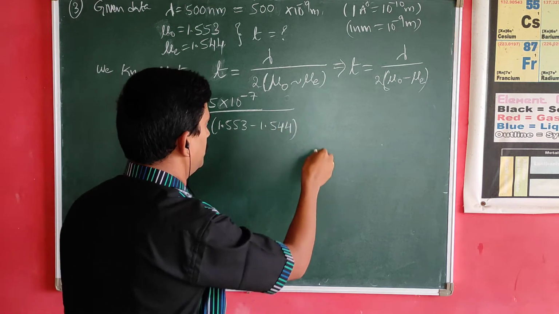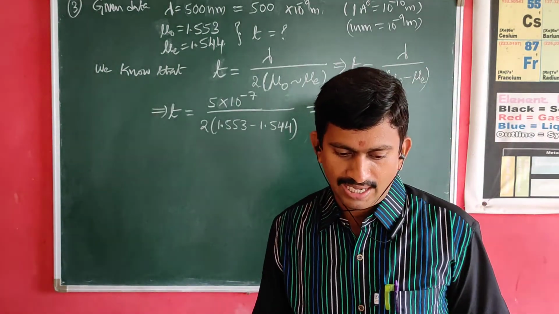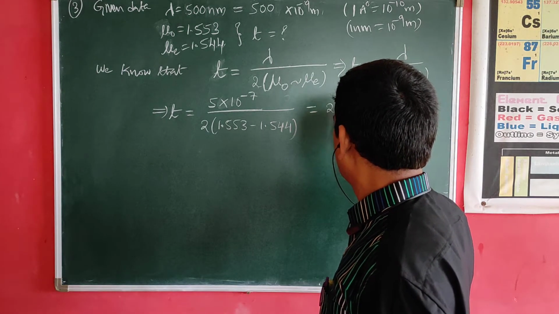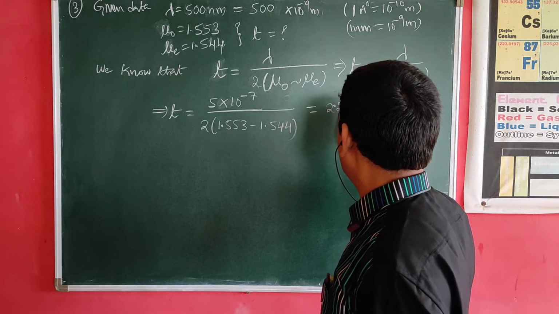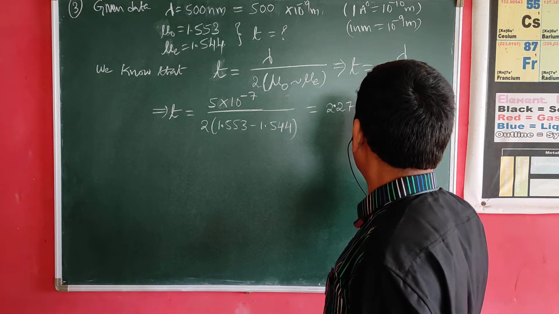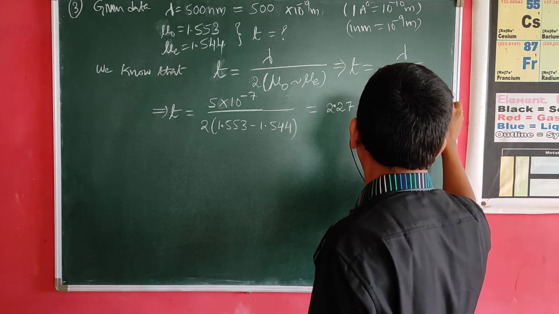Then if you operate your calci, you will get the answer as 2.27 into 10 power minus 5 meters or 22.7 micrometer.